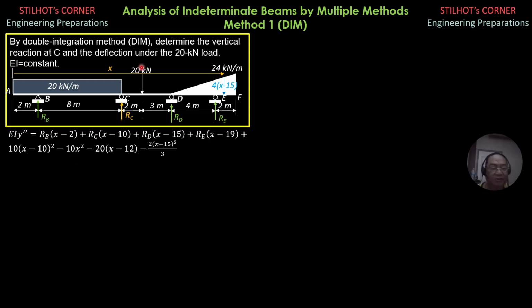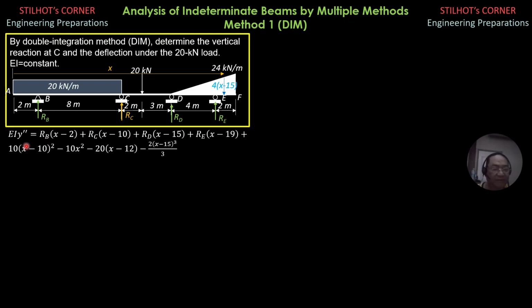Then minus 20 times (x minus 12). Then minus 1/2 of (x minus 15) times 4 times (x minus 15). So that becomes 2 times (x minus 15) squared, with moment arm (x minus 15) over 3. So it reduces to 2 times (x minus 15) cubed over 3. So that's the differential equation of the elastic curve.